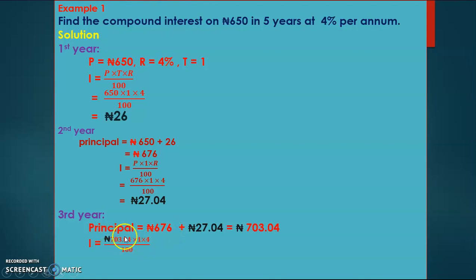And this is the calculation here. So our principal is equal to 676 naira plus 27 naira 4 kobo, which will give us our new principal at 703 naira 4 kobo.